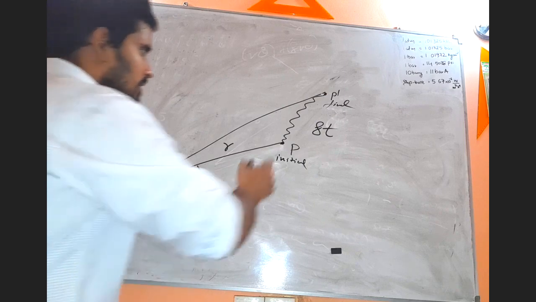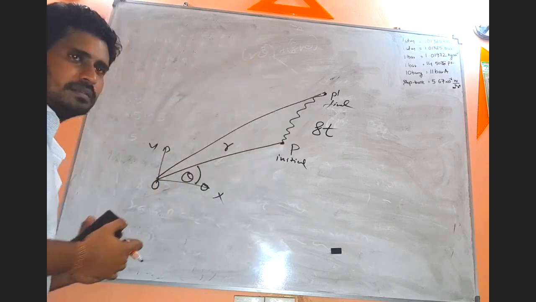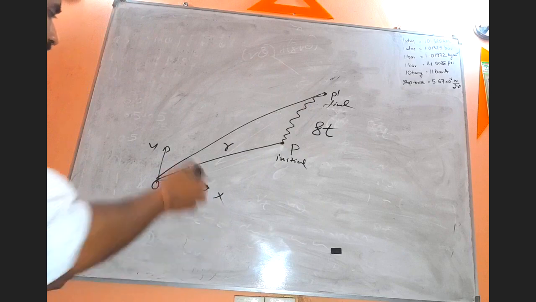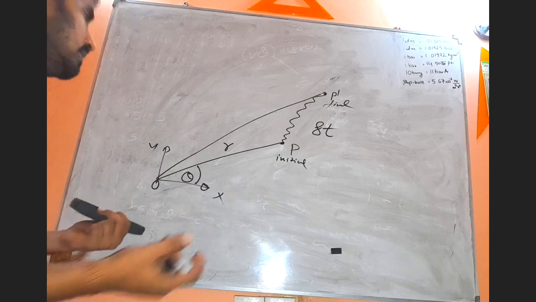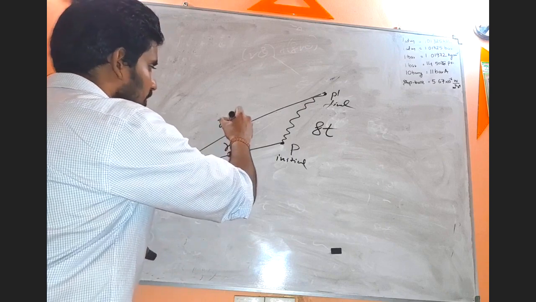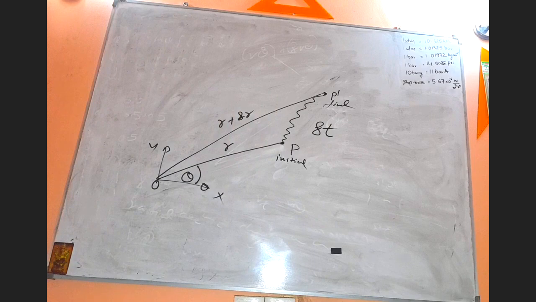So let's say the new radial length from this origin is r plus delta r.